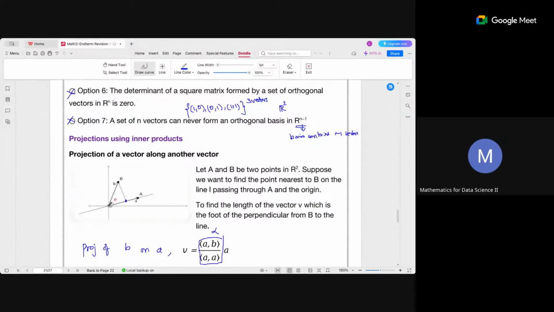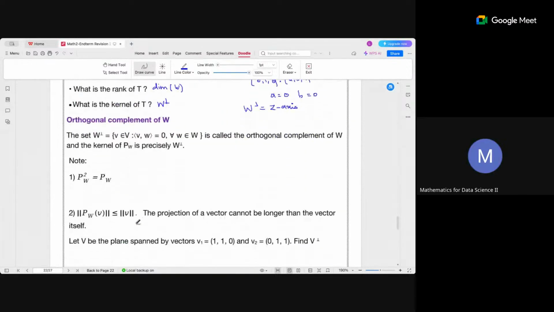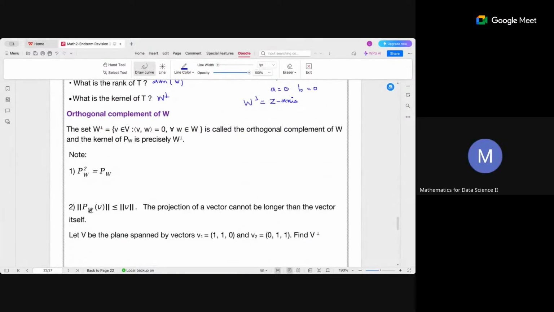You can easily see that the vector's length is bigger than the projected vector. This is the projected part, and this part is smaller than this part, right? So you can always remember that norm of P_W(V) is less than or equal to norm V.